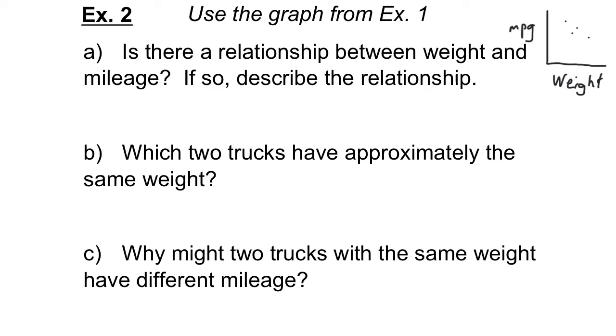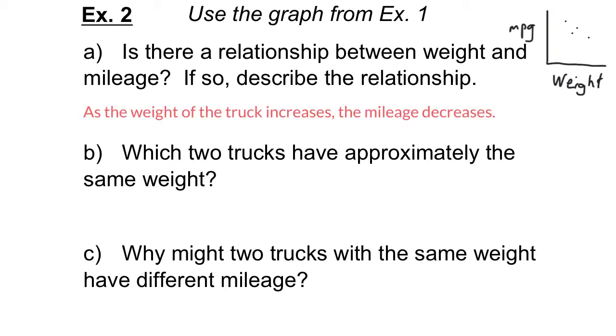Okay, so if you're describing a relationship between variables, you have to look at, is there a trend overall? Well, it looks like the points are, in general, going downwards when we read it from left to right. So we would say, as the weight of the truck increases, the mileage decreases.